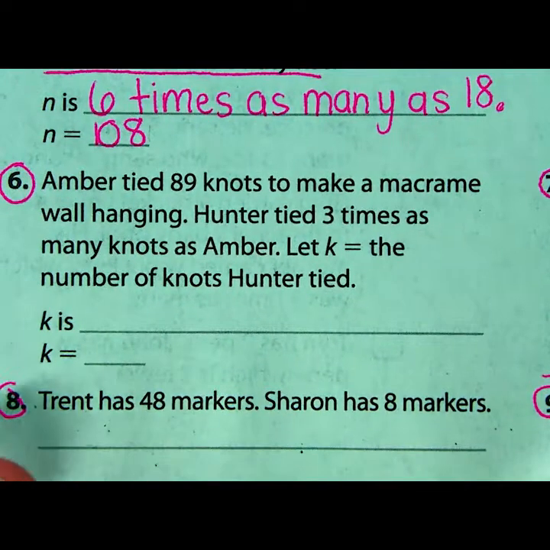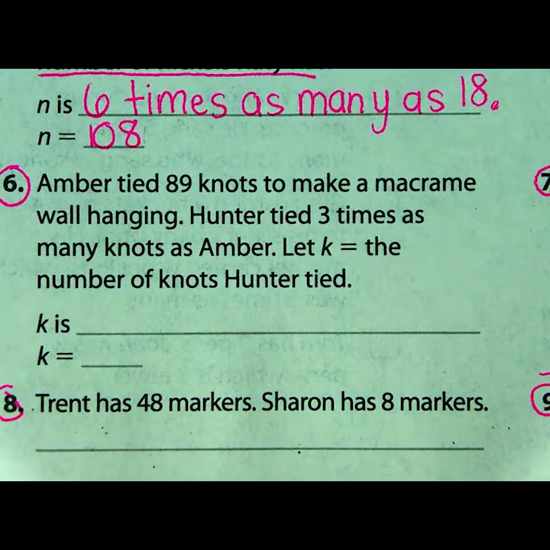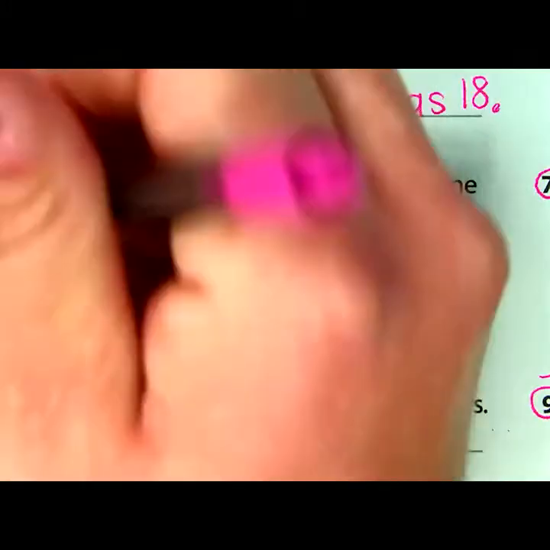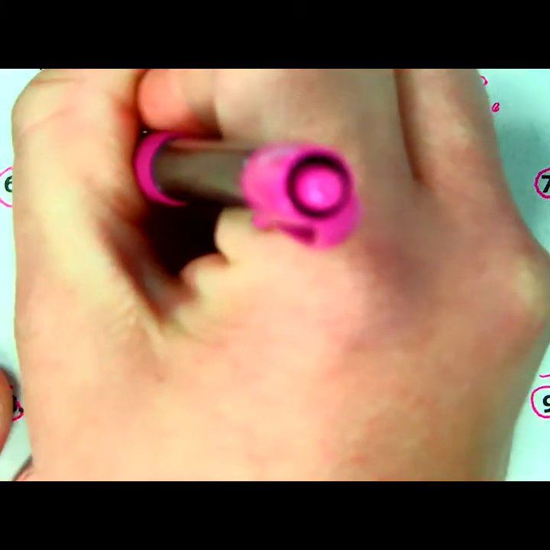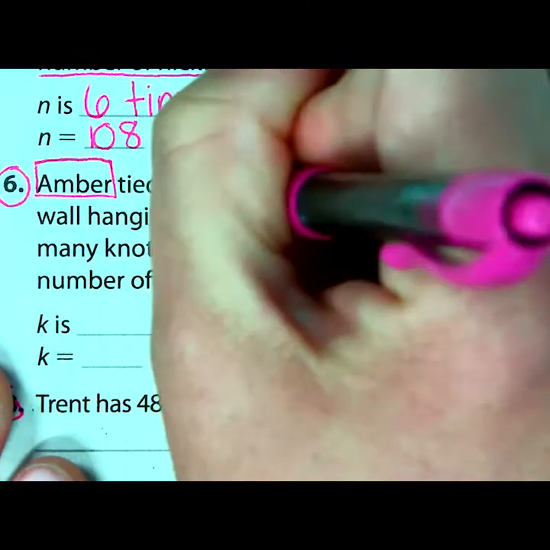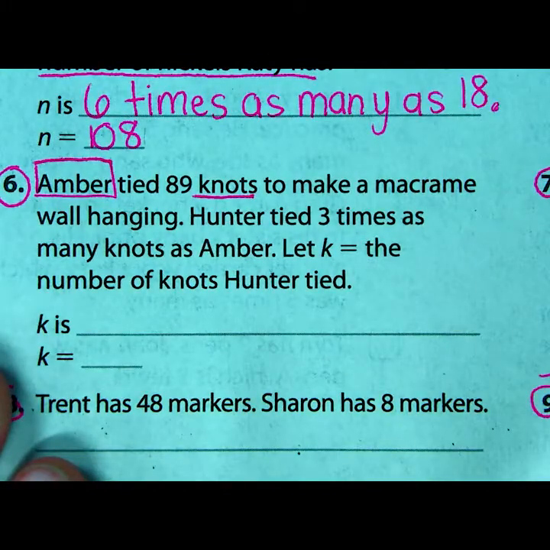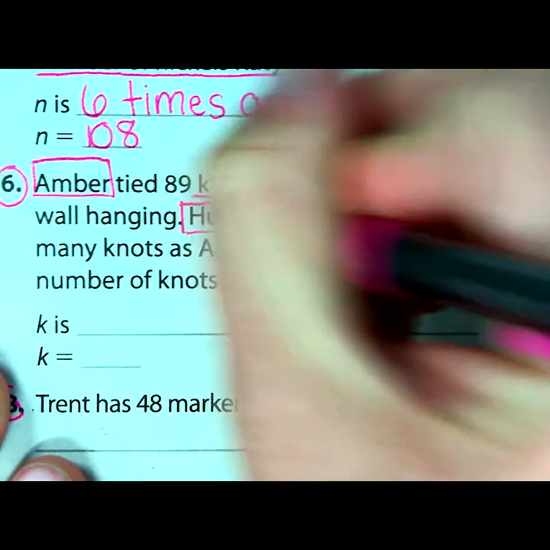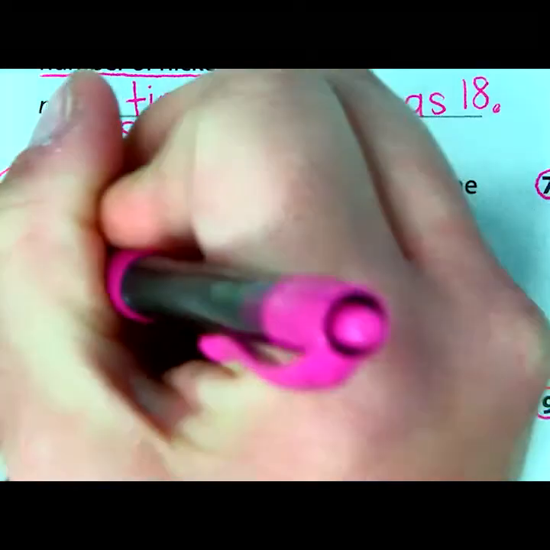Number 6. Amber tied 89 knots to make, I think you pronounced that, macrame wall hanging. Hunter tied 3 times as many knots. These problems tend to get kind of interesting, what we're comparing. So we're comparing the number of knots that they've tied, and we're looking at Amber and Hunter. So now I want to think, okay, who tied more?